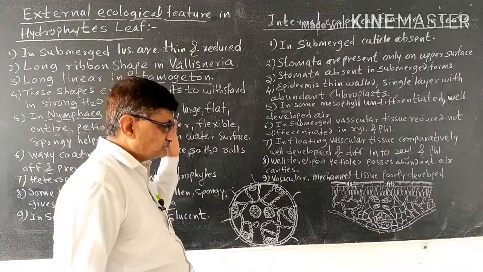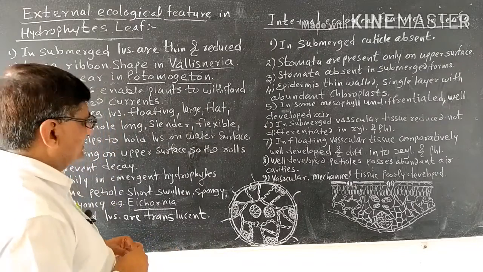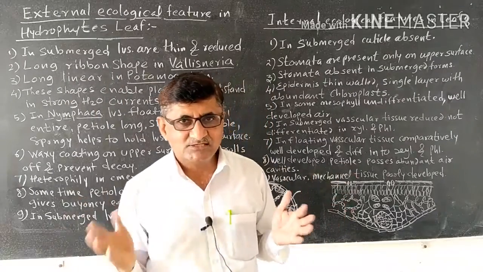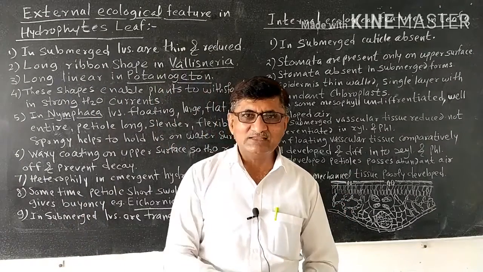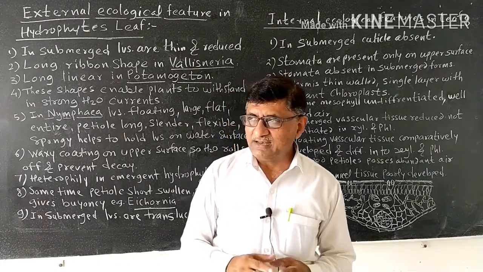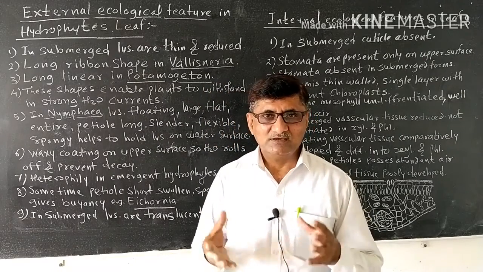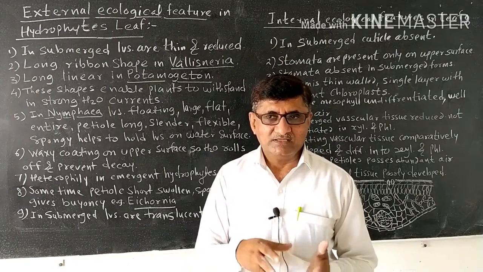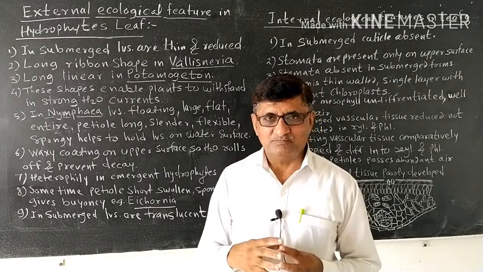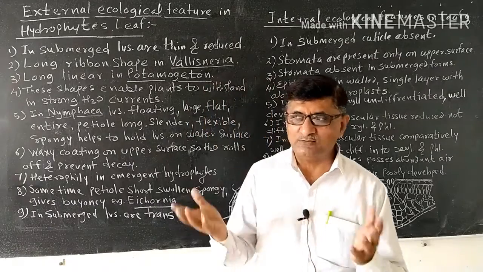First we will see the external adaptations in the hydrophyte leaves. You know that some hydrophyte leaves are very large. Some hydrophyte leaves under the water are dissected like a needle, whereas some hydrophytes possess heterophylly, meaning the part in the water shows reduced leaves, and on the same stem, the part which is not in the water shows well developed leaves.